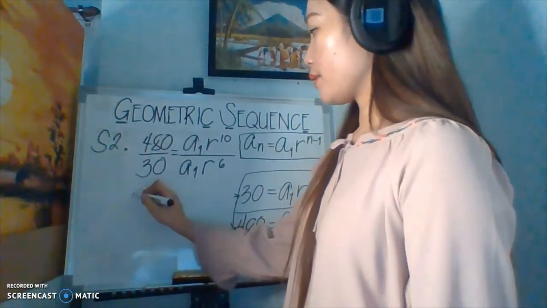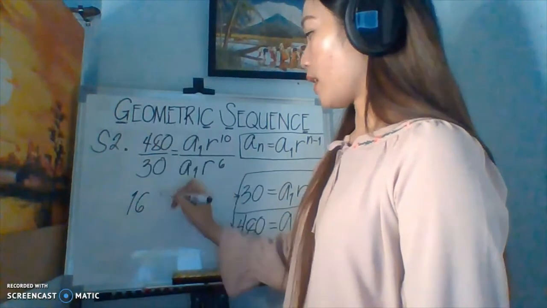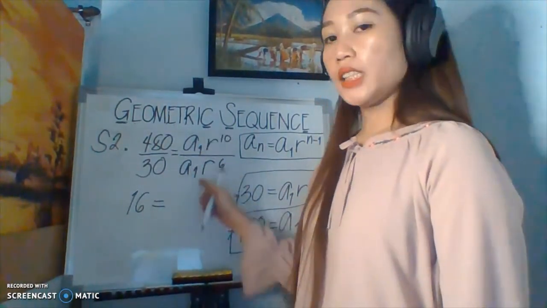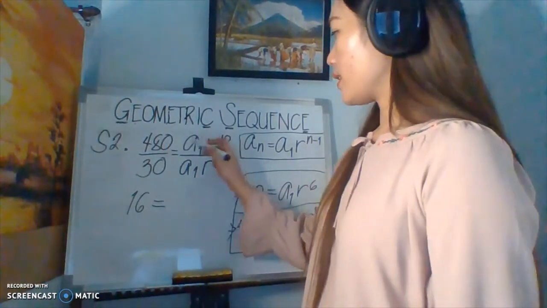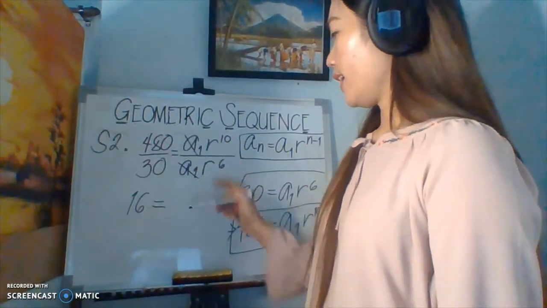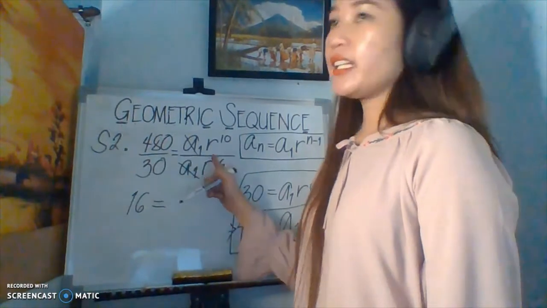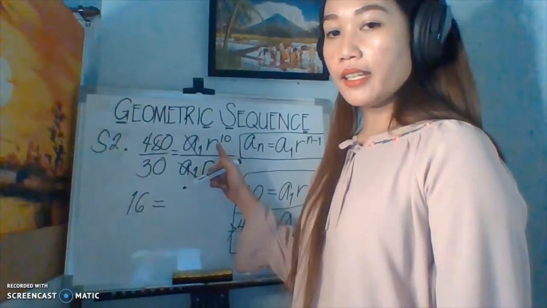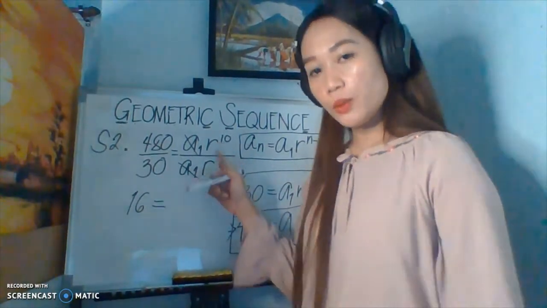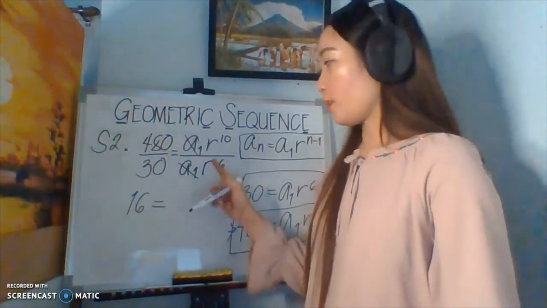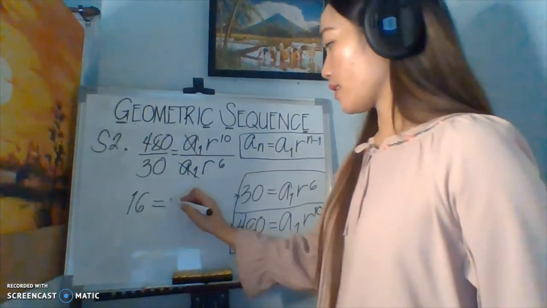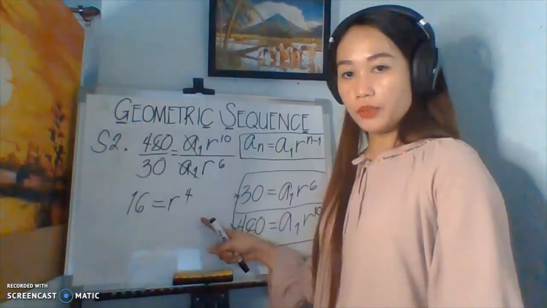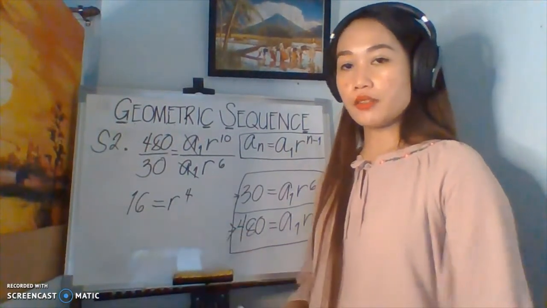That is equal to 16 equals, since both numerator and denominator have a sub 1, you can simply cancel this, and then dividing a variable with exponent, of course, what we need to do is subtract its exponent. So 10 minus 6, that is equal to 4, right? Next, here, what we are going to do is extract its root.